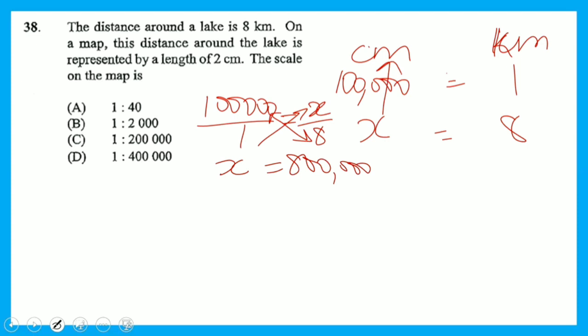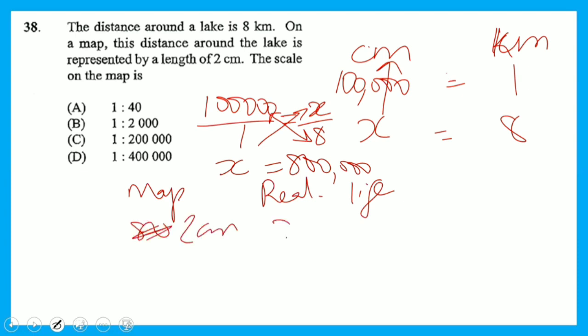But this length is represented on the map by 2 centimeters. Map, real life. Two centimeters to represent 800,000 actual centimeters in real life. Because of course, you can't draw all of that on paper.